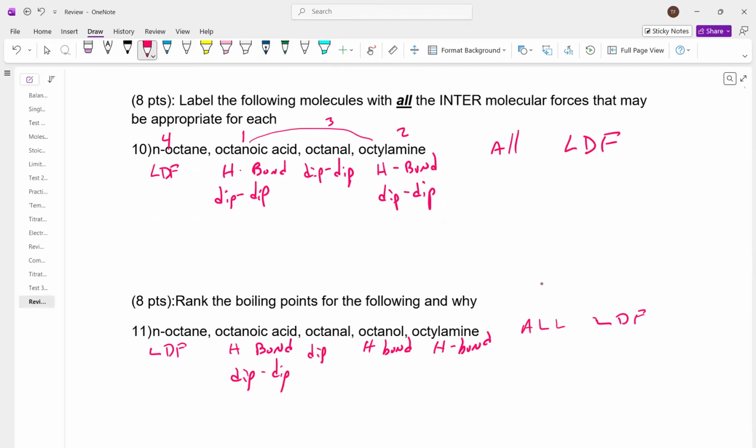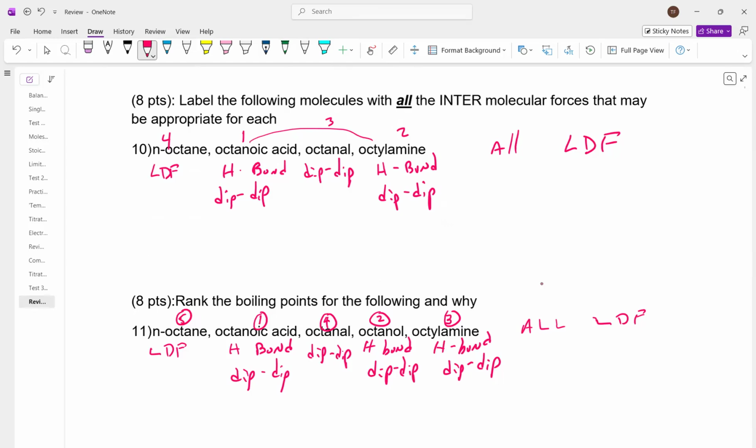This is dipole. Okay, so we have 3 hydrogen bonds here. The strongest one is this one here. This comes second. This would be third, and then 4 and 5.